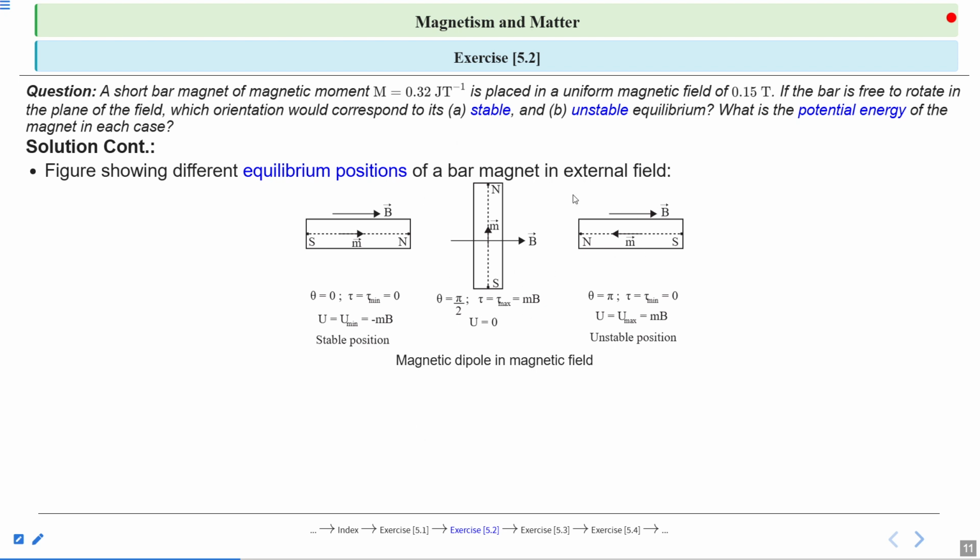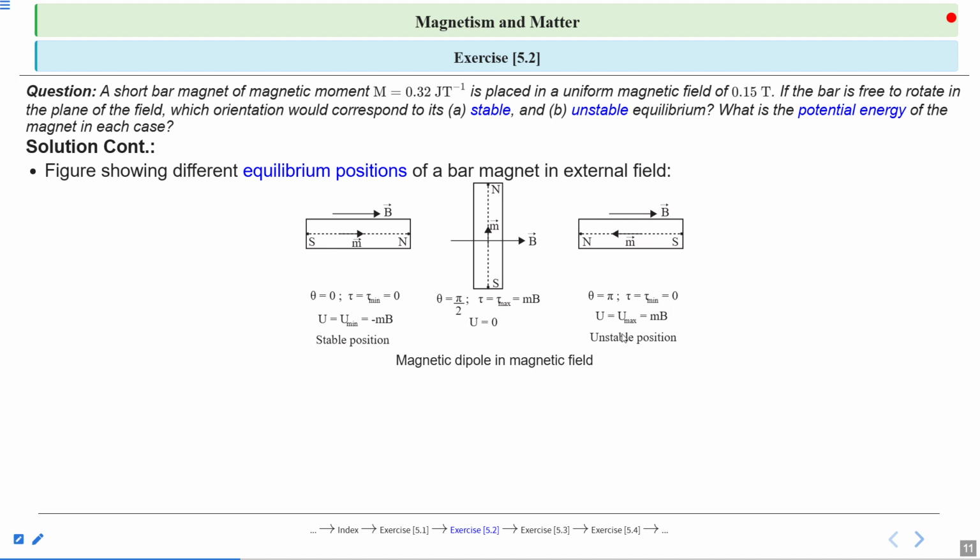Another orientation is where the magnetic moment is oriented in the opposite direction to the magnetic field. So theta equals pi, and sin pi is 0, so torque will be minimum at this orientation also. At this orientation and at the earlier one, torque will be 0.